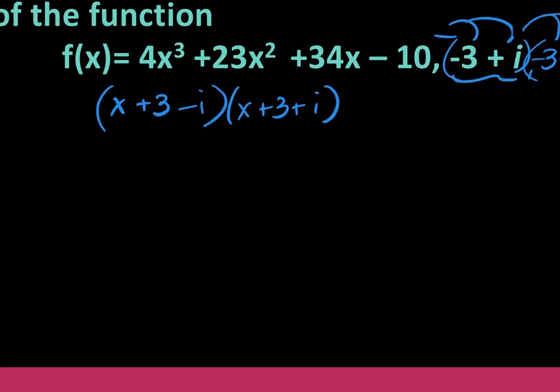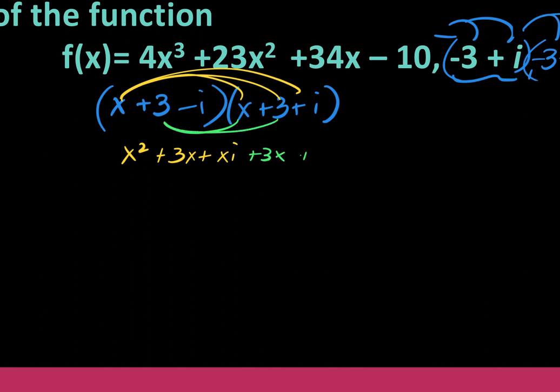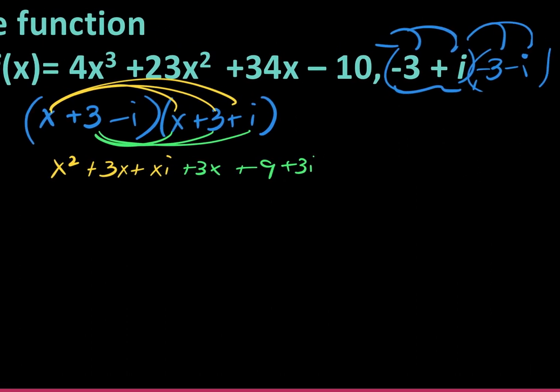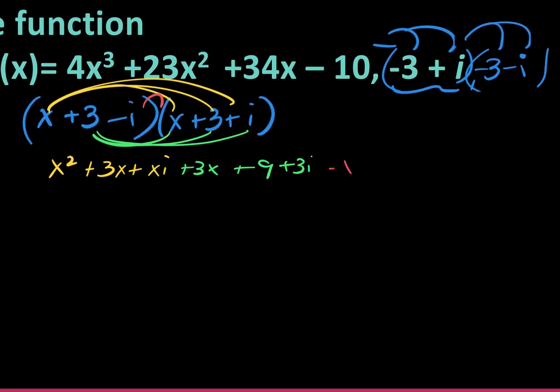Now I'm going to multiply it out. So x times 3, x times i, then 3 times x, then 3 times 3, then 3 times i, then i times x, then negative i times 3, then negative i times positive i, negative i squared.